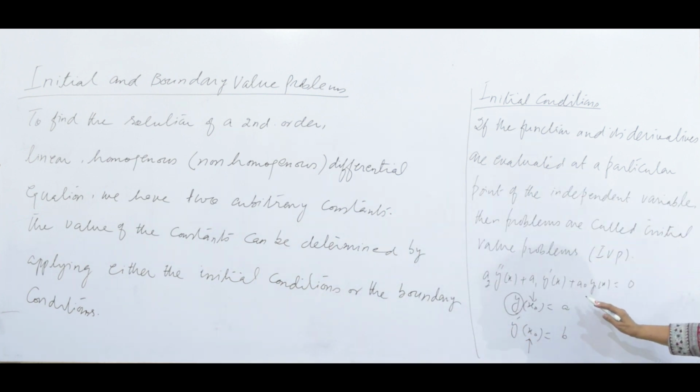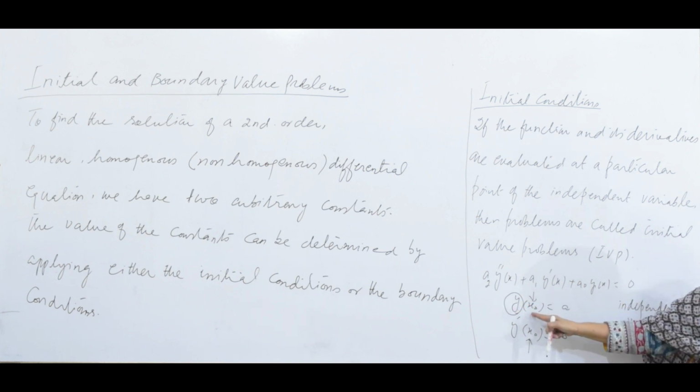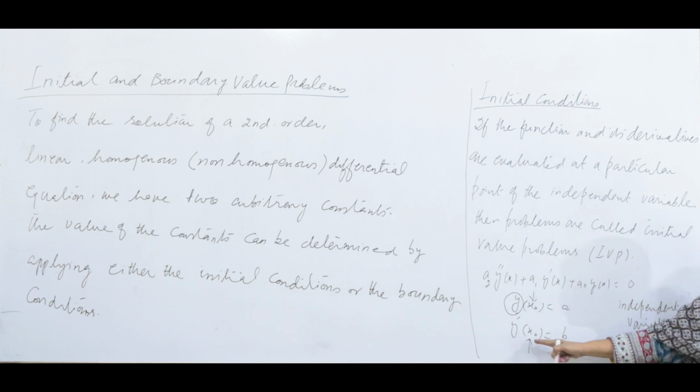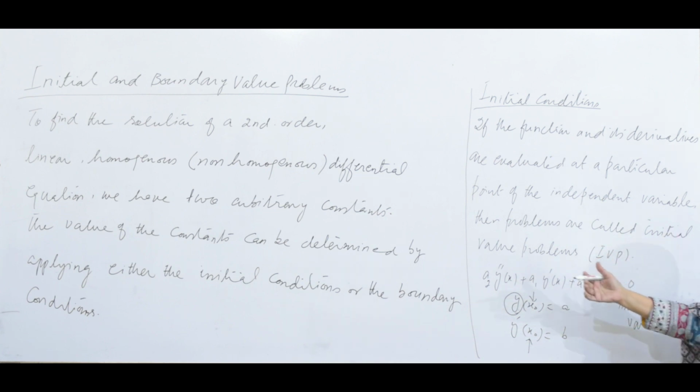So in these two equations, my independent variable is x naught. The function value is A when the independent variable is x naught, and the derivative is B when the independent variable is x naught. If we are talking about higher order, more constants are there and more conditions are there.